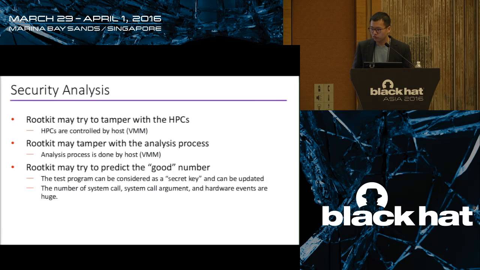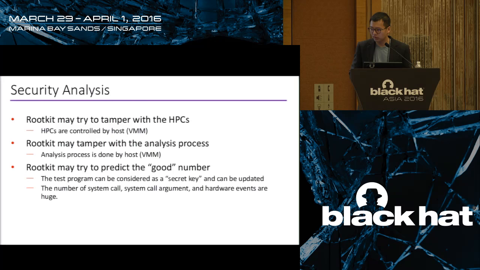The rootkit will also try to predict the good numbers, right? What that means is they try to create modifications such that when we read the event value, it is the same as the good number, the number that we're looking for. In our scheme, we assume that you can use the test program as a secret key.